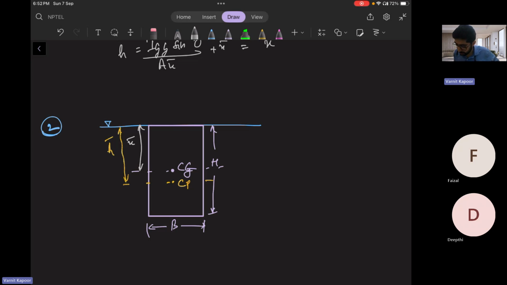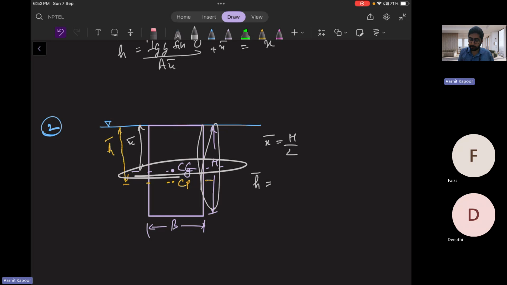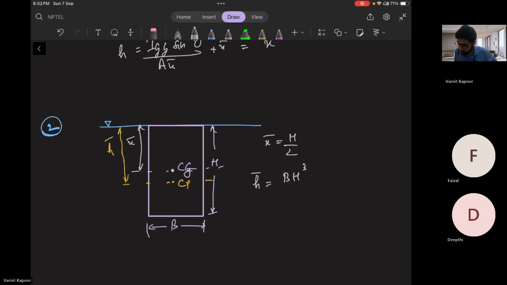Okay. So x bar is how much? The center of gravity, geometric center is at middle of the plate, capital H by 2. Whereas the h bar will be IG. That is, the b axis is cutting the vertical length H. So cube will be of this length, b h cube. IG is b h cube by 12.